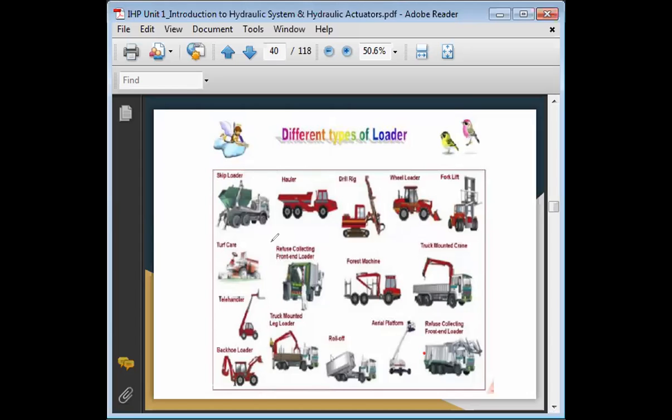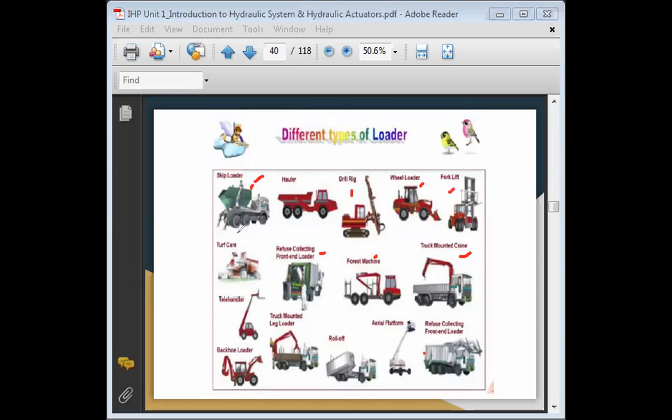You can see the skip loader. This one, skip. Then drill rig, then wheel loader, this front lift. Truck mounted crane is there. Then a forest machine. This is a refuse collecting front end loader.